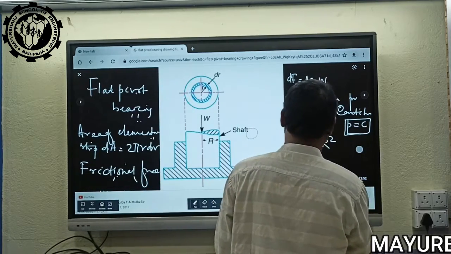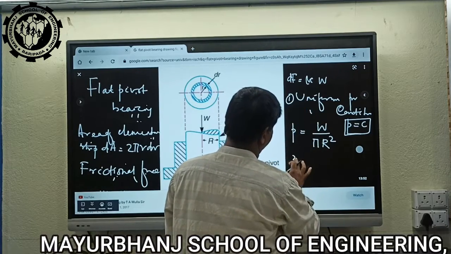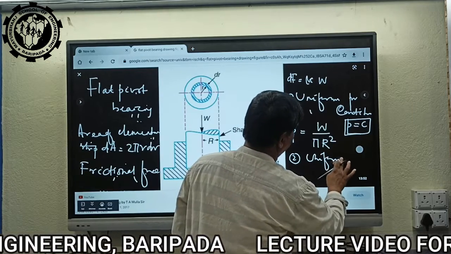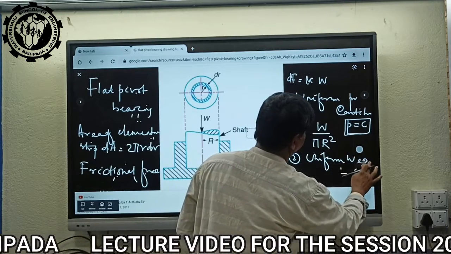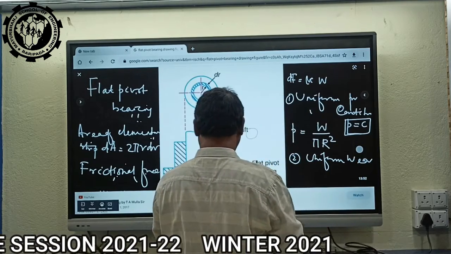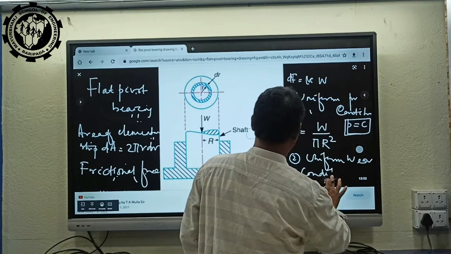Then we go to the second condition, the uniform wear condition.